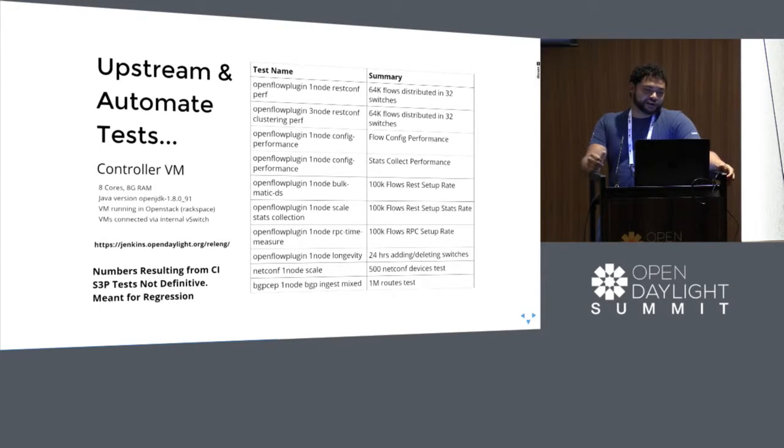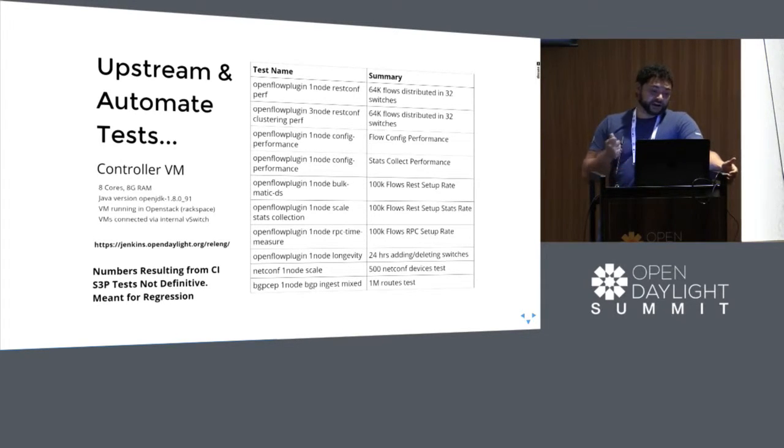These are tests that are currently upstream that we've taken from the original report we did, and we've automated those tests and pushed them upstream. I won't go through each one, but you can see there's a bevy of OpenFlow tests. That tends to be the most heavily tested and developed plugin that we have. That includes 100K flows, REST setup, 64 flows distributed in 32 switches, and so on.